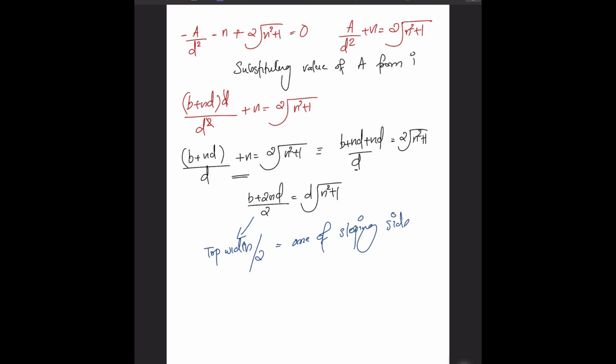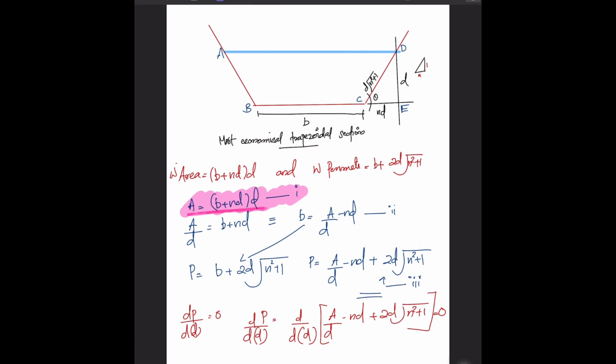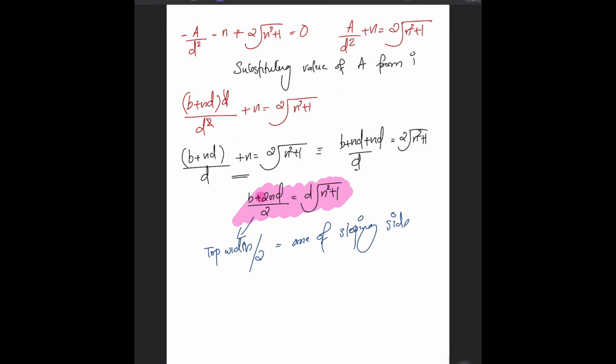So this is our first condition: top width by 2 is equal to one of the sloping sides. I hope this was clear to you. If you have any doubts, you can contact me.